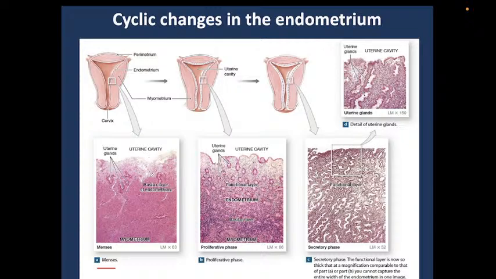It is broken down, and this is bleeding from the endometrium, because the spiral arteries were destroyed. Usually this period takes place about 5 days every month, and this process is called menses.